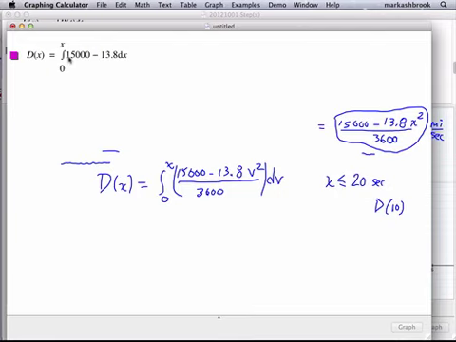So we'll use q. Great. All over, and then we need dq. Okay, and so if I want to find how far it's gone in 10 seconds, what am I going to do? D of 10.